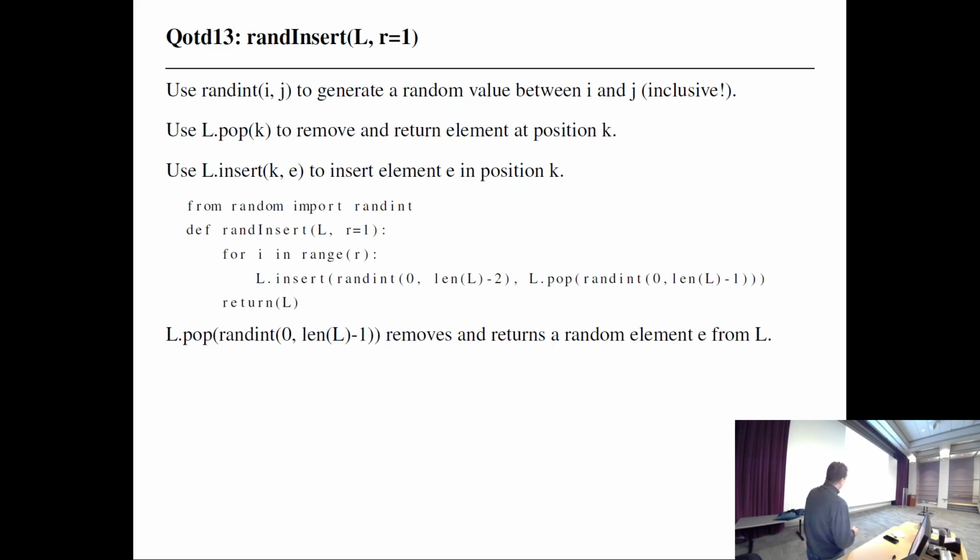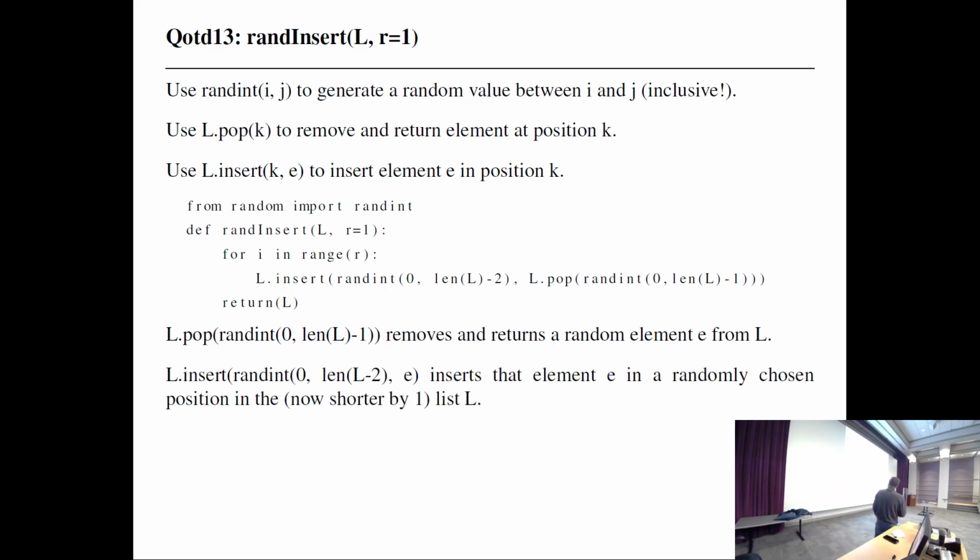A random number, that's the element I pop. And that element that gets popped is the value that I'm inserting into the list. This other element here, random integer from 0 to length of L minus 2, this is interesting. We're going to talk about this in a second. This is where that element I pop gets placed.